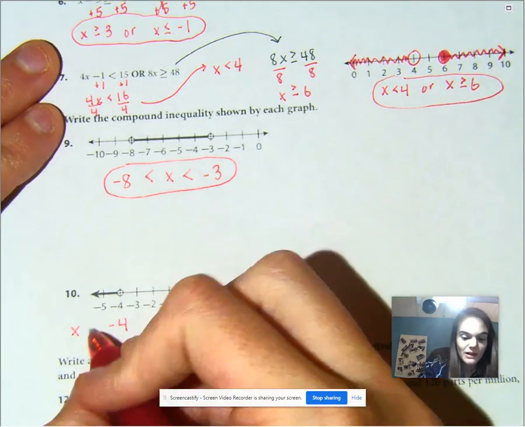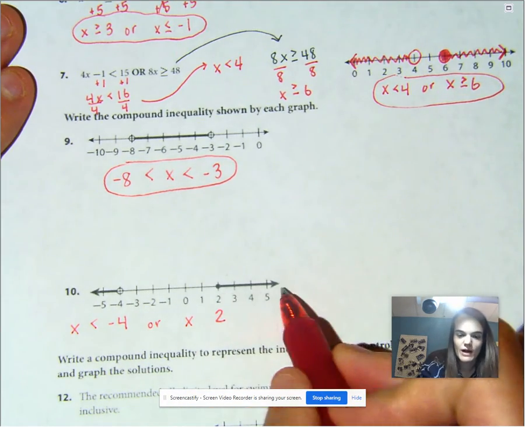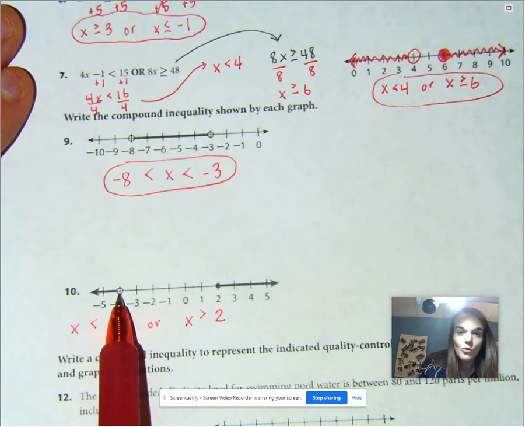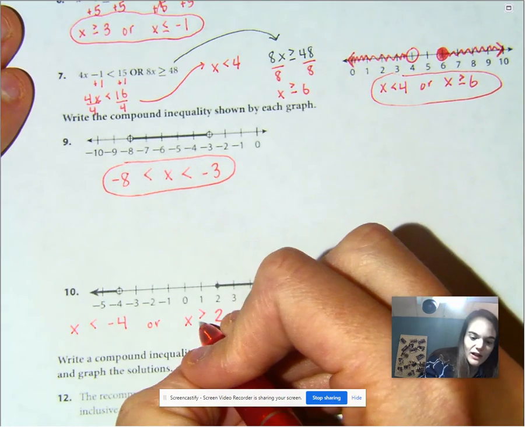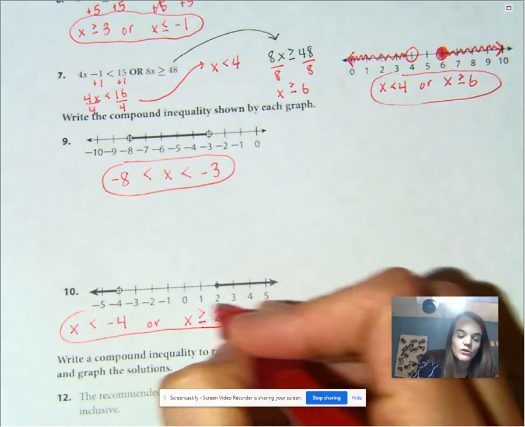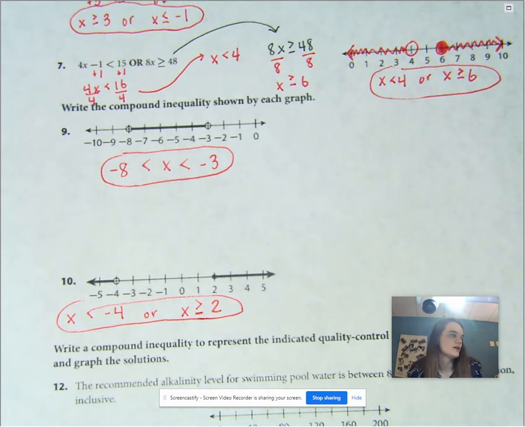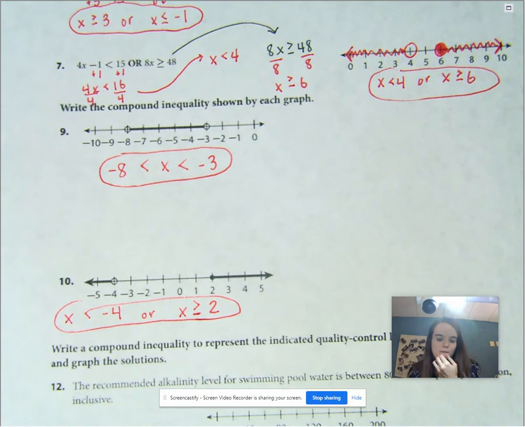That's the numbers less than -4. This is pointing to the right. That's the numbers greater than 2. This is an open circle, which means no line. This is closed, which means I need a line. Okay? So on all of these, whether they are and or, you're going to write down the numbers, and I'm going to write it right under the number line just to make sure I do it correctly. And then I'm going to determine if it's and or, and then I'm going to place my symbols.